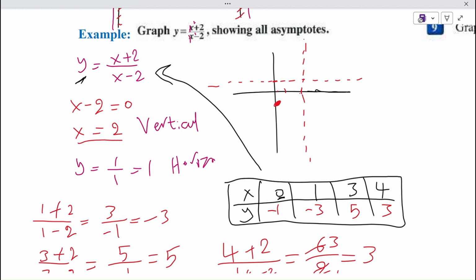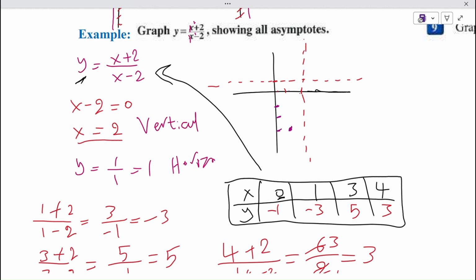If x is equal to 1, then y is equal to minus 3. This is 1, and y is equal to minus 3. It means here.